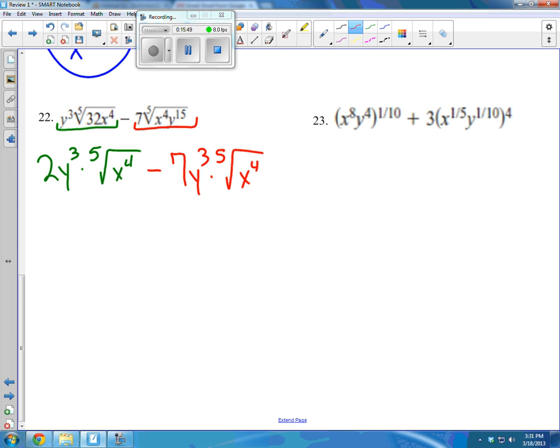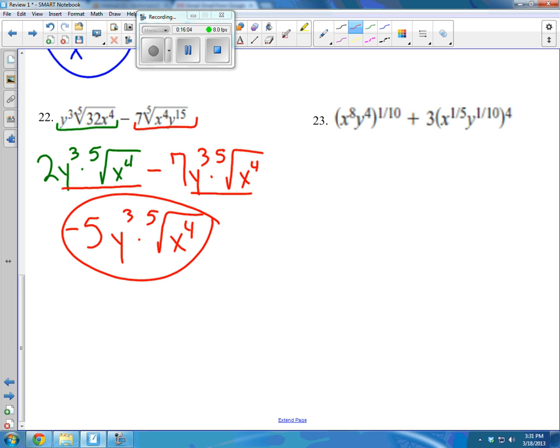And now what I'm going to do is see how many of these y cubed fifth root of x to the 4th I have. So 2 take away 5 says I have -5 of them. And I don't do anything as far as combining the variables. I just work with the coefficients.